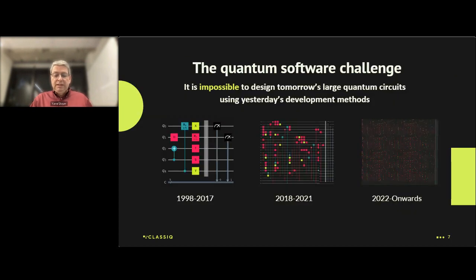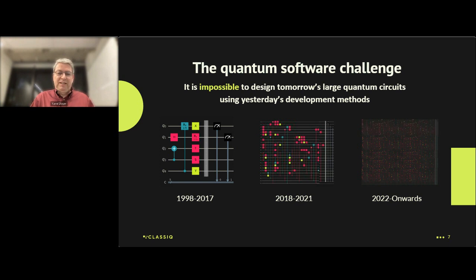The issue that we see these companies running into is that, in a good sense, computers are getting better. Computers have moved from 5 qubits to 10 qubits to 30 to 50 to 100, and soon they will be hundreds or thousands of qubits. And the software development mechanisms that were used to tackle toy problems on toy circuits, on toy computers, may not be relevant when you look at higher-end computers and more complex circuits.